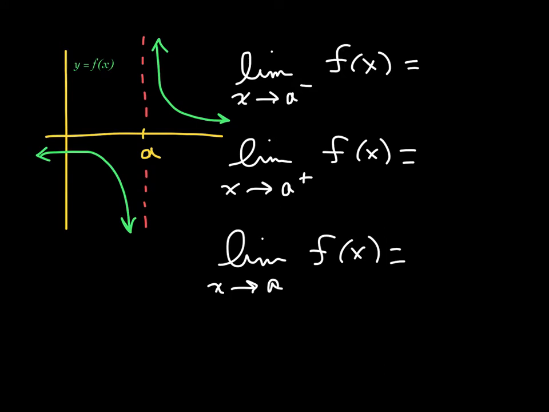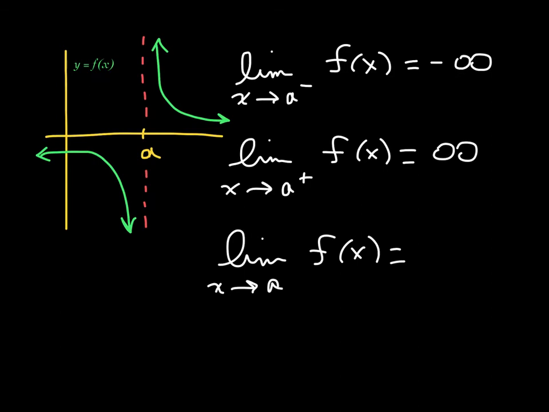As x values approach a from the left, my function values are decreasing without bound. Therefore, I hope you said negative infinity. As x values approach a from the right, the function values are increasing without bound. So I hope you said positive infinity here.